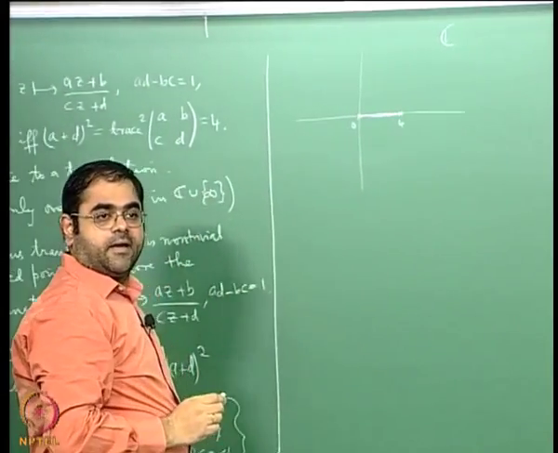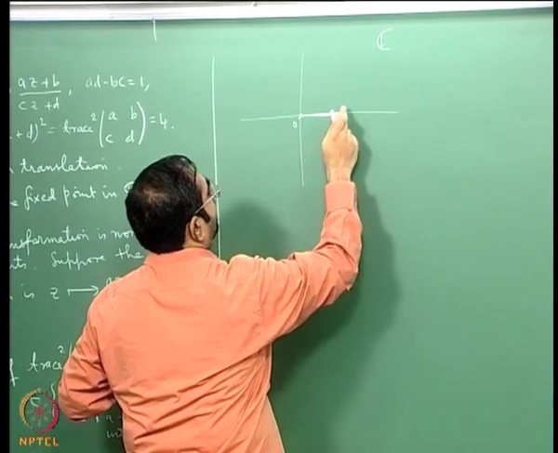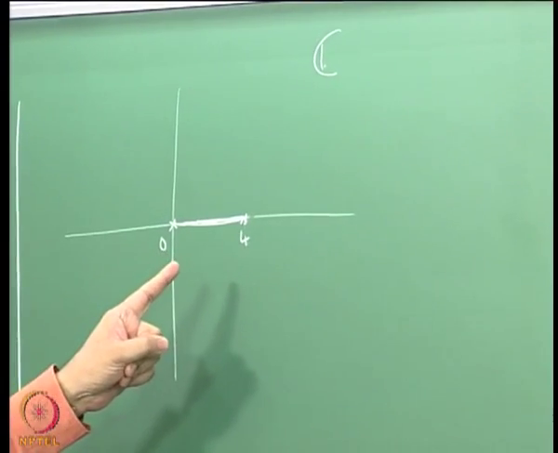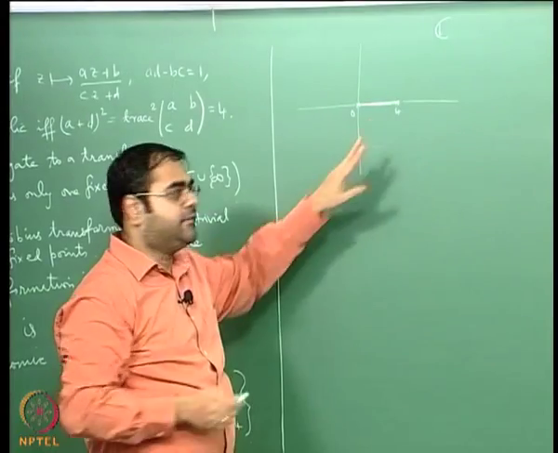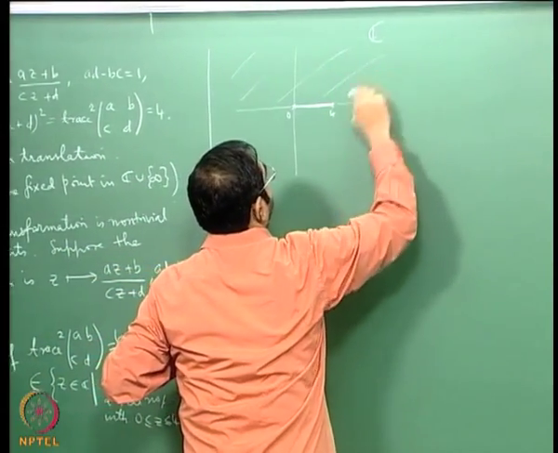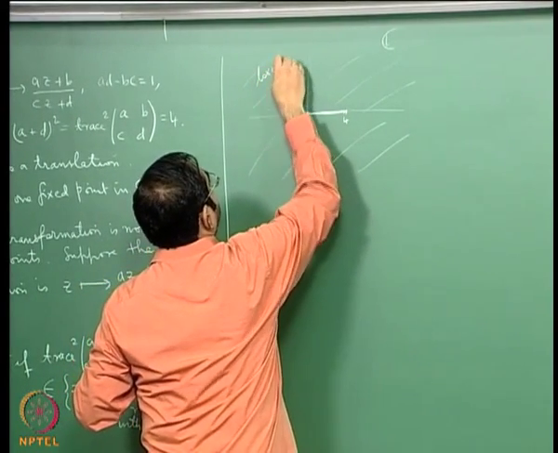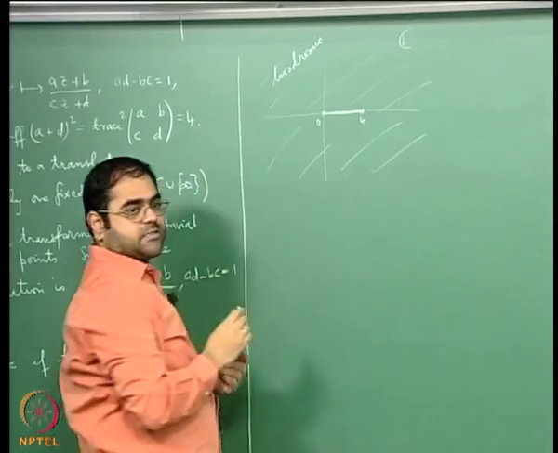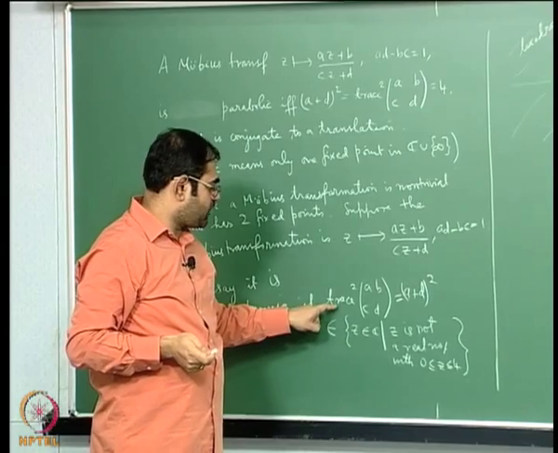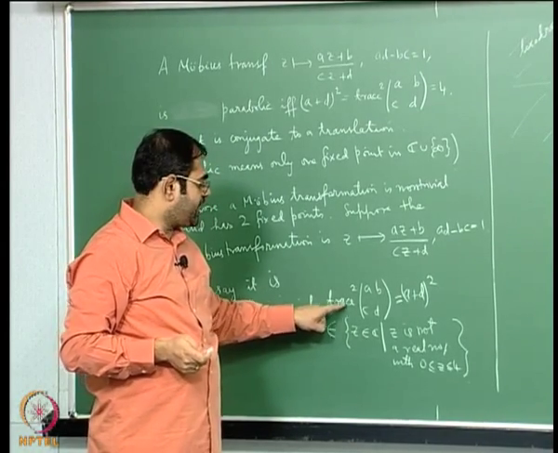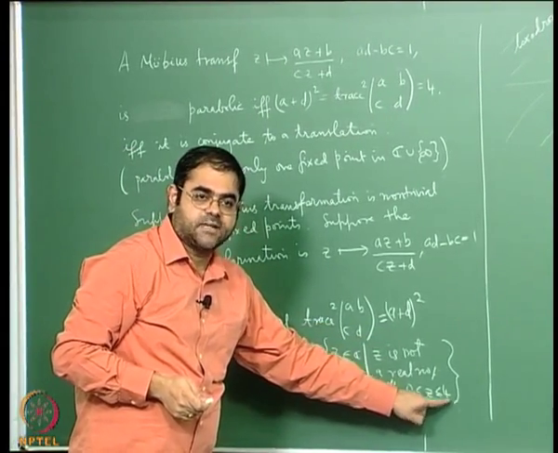If you calculate trace squared and that value does not lie on this line segment, that is, it lies in the complement of this line segment, then it is called loxodromic. Notice that what is left out is the case when trace squared is real and lies between 0 and 4.